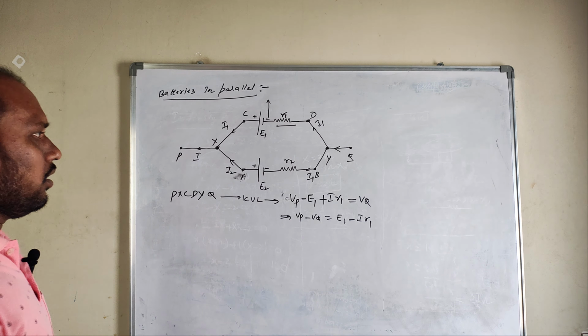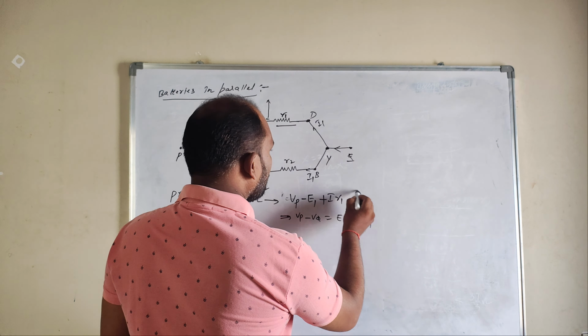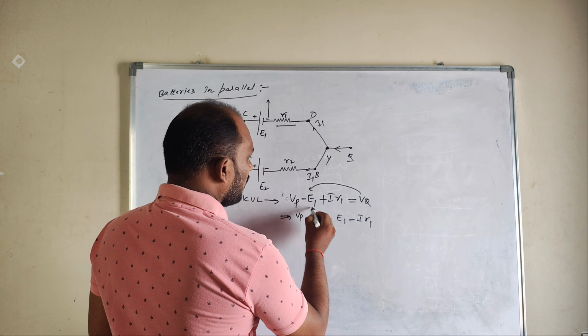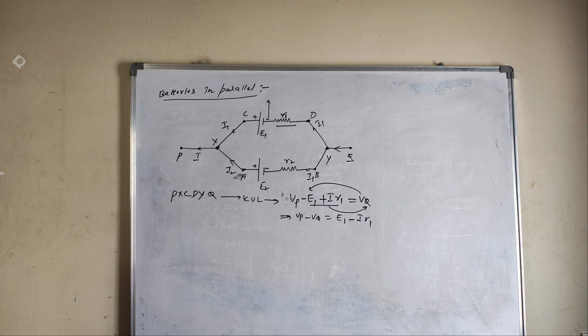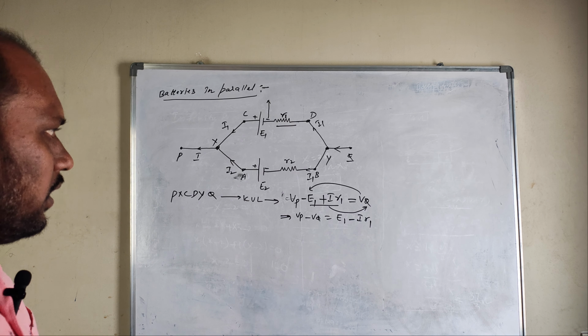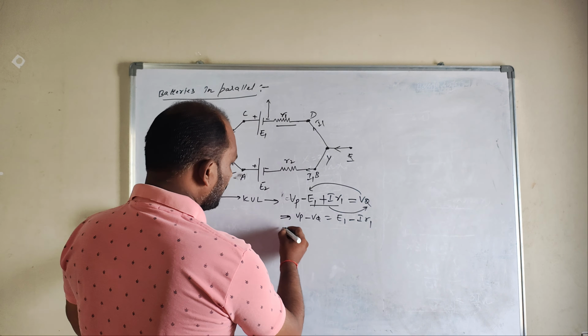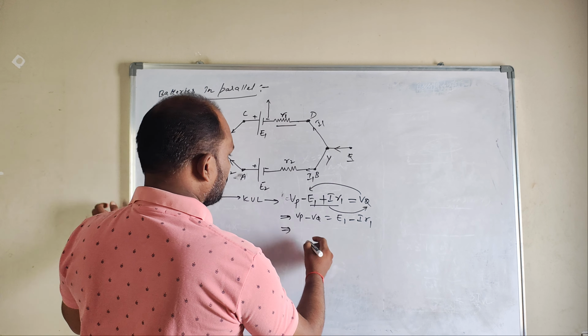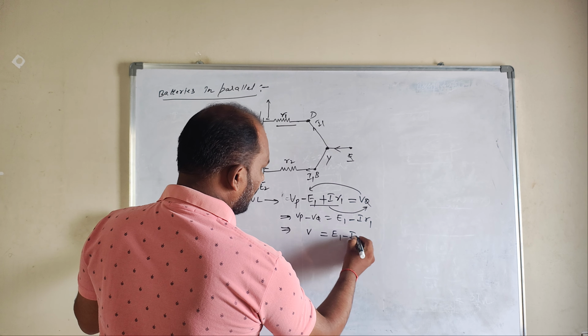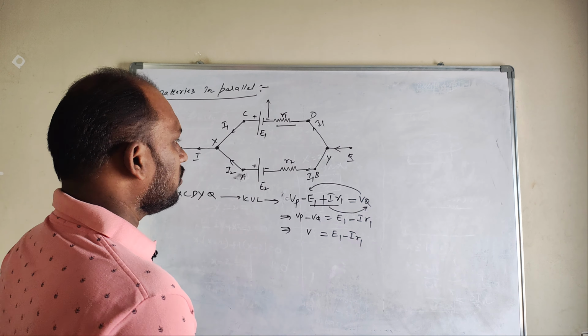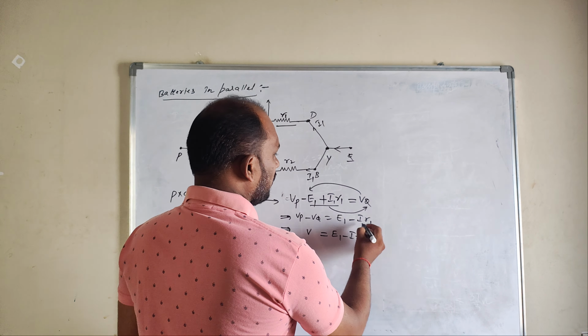Yes, guys, this comes to this side, and E1 and E2 come to this side. So what do you get? Vp minus Vq is equal to E1 minus IR1. So Vp minus Vq is the potential between points P and Q, that is V1 minus IR1. I hope this is I1.